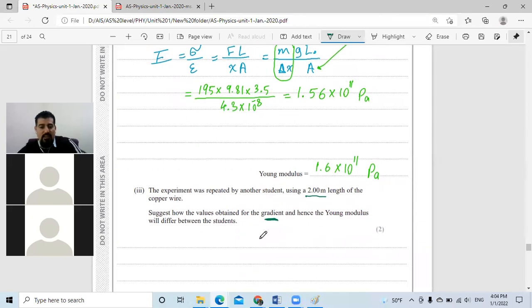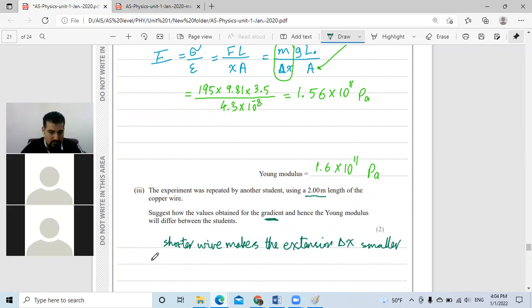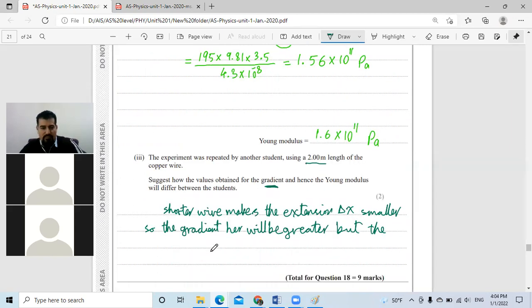Exactly. So a shorter wire makes the extension delta x smaller. So the gradient here will be greater, but the Young modulus remains the same.